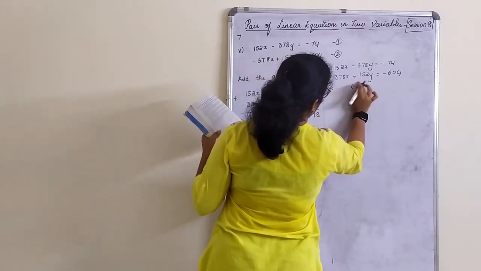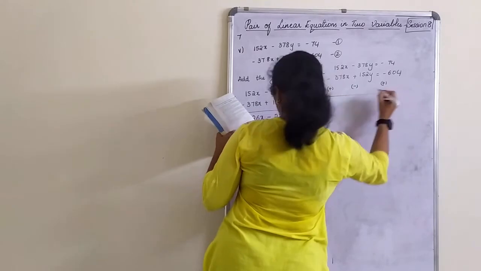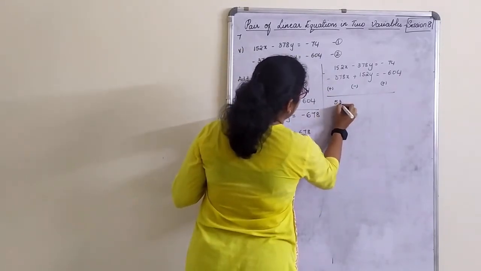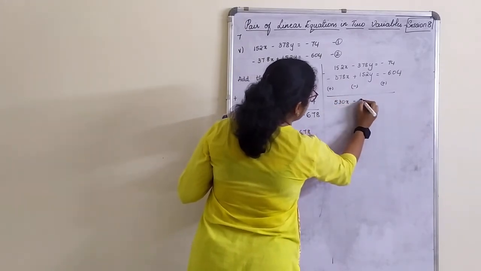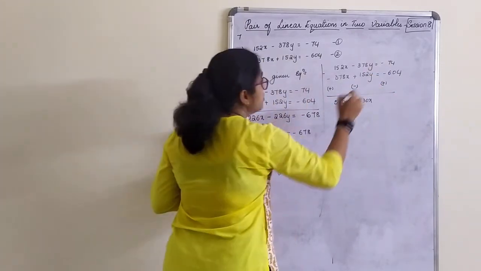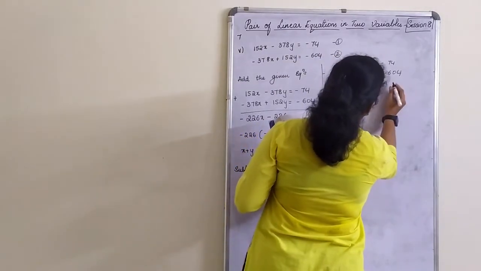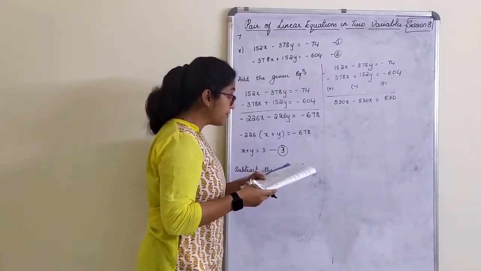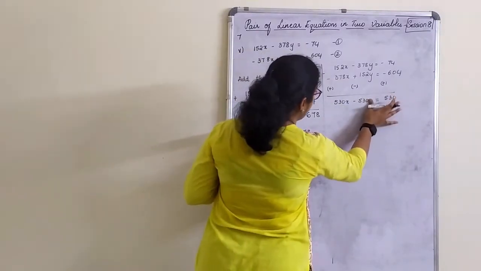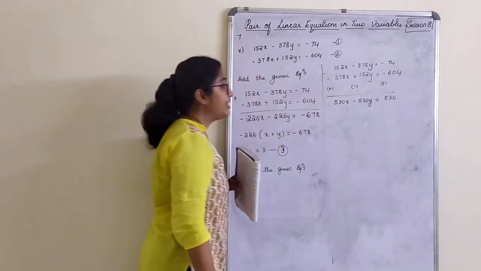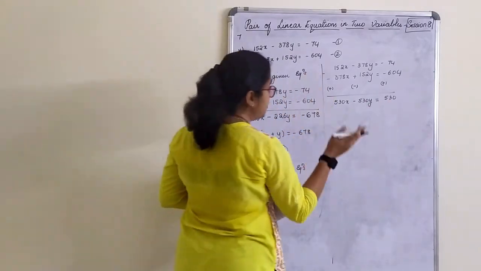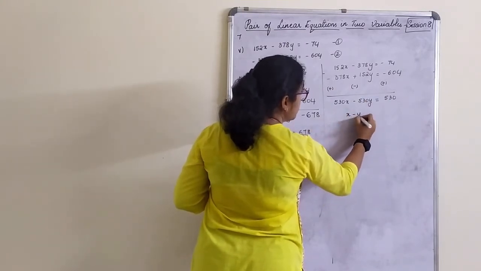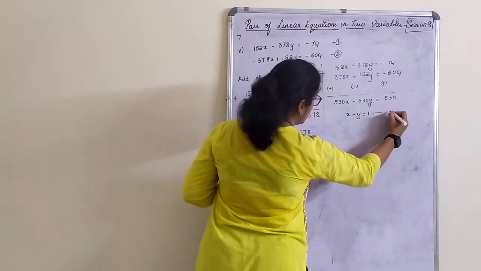So change the sign, plus. So when you do that, you get 530x minus 530y is equal to 530. Oh sorry children, 530, otherwise you will get 0 answer. Now next what you will do, take 530 common. x minus y is equal to 1 is your equation 4.